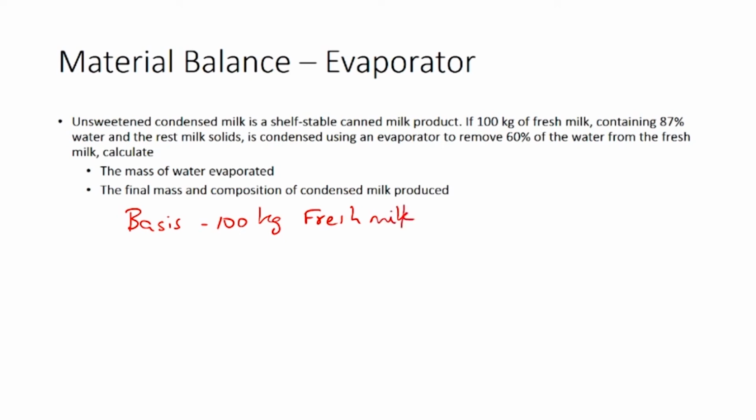Now, let us try and draw a flow chart which represents the information that has been provided to us in this problem. So, we have an evaporator which is fed with 100 kilograms of milk, and it is told that this milk contains 87% water and the rest is milk solids, which is 13% would be milk solids, and this evaporator gives you a final product where 60% of the water has been removed.